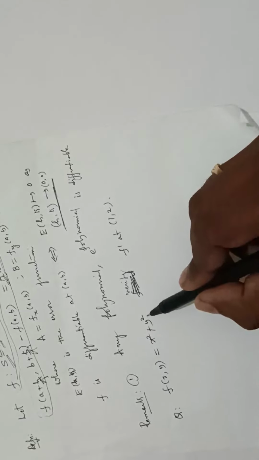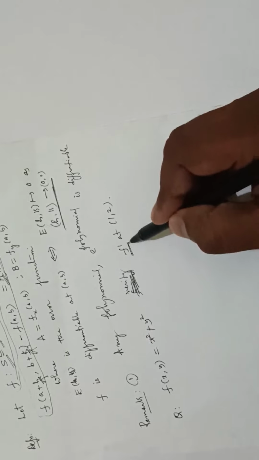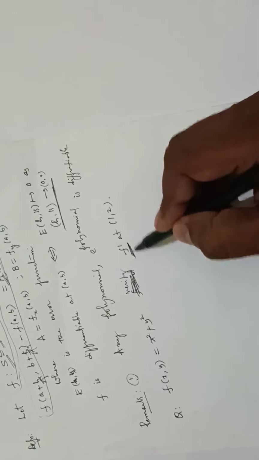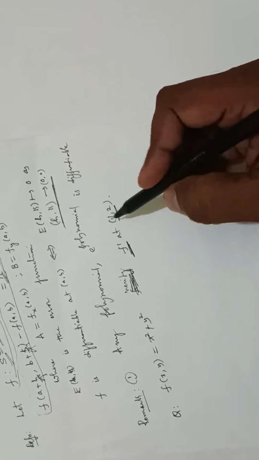Now he is asking: f of x comma y equals x square plus y square. Verify whether the derivative exists, that is, f is differentiable at 1 comma 2. So we need to verify this. What will happen to this f of x y equals x square plus y square?